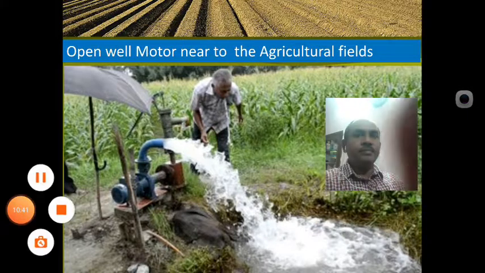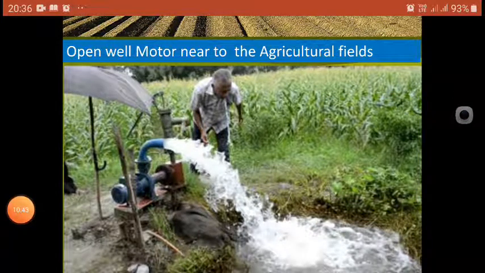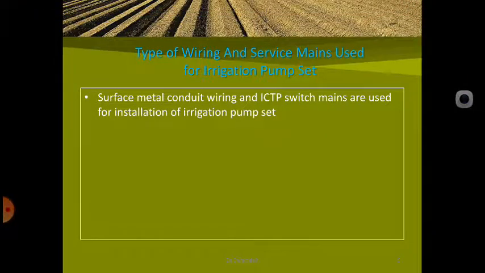Now let us look at our electrical system: the types of wiring and service mains used for agriculture pump sets, that means irrigation pump sets. We take the supply from the nearby pole to our pump shed by two methods: one is an overhead line, or an underground cable line.